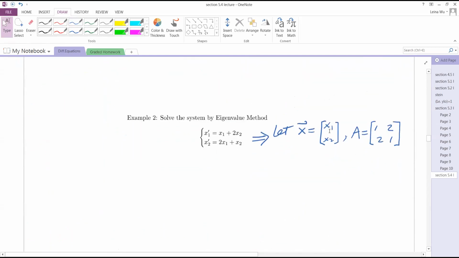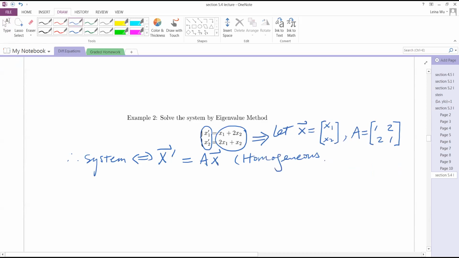So once you see that, we can say the system will just be equivalent to the vector equation x prime equals A x. Make sense? Is this homogeneous?